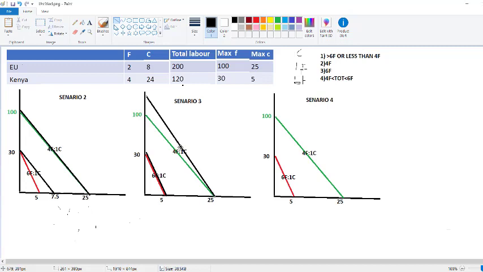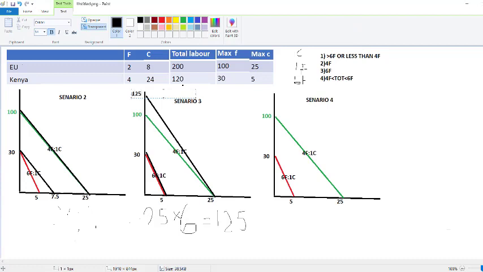So this line being 6 food per 1 carbon, every 1 carbon is worth 6. So 25 carbons are worth how much? 25 carbons times 6. What does that give you? 125. Put that value in here. 125.